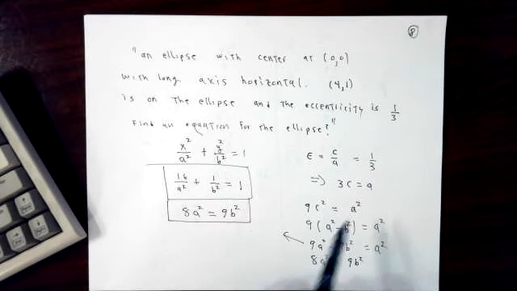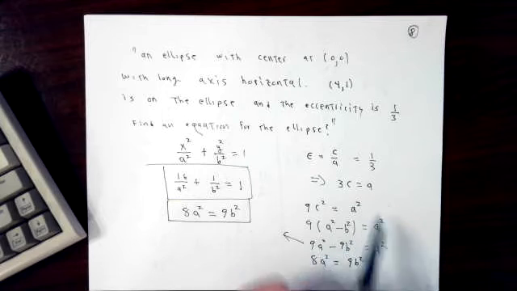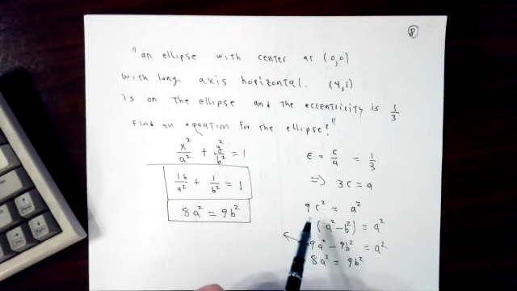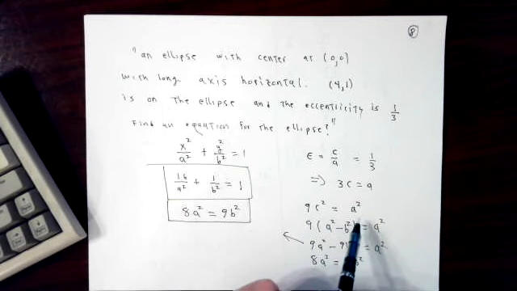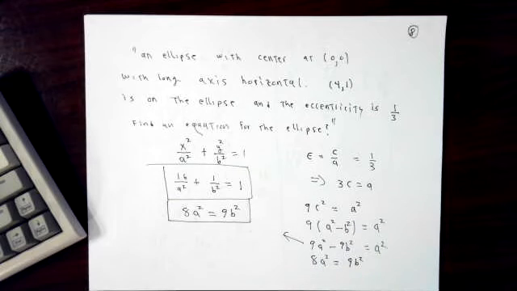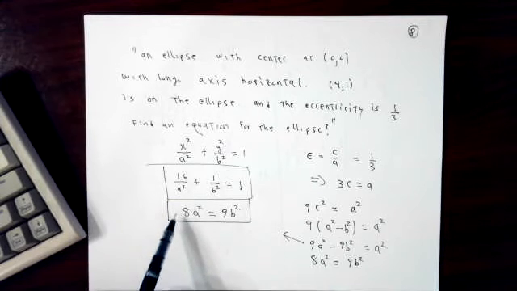That tells me that 3 times c equals a. That says 9c squared is equal to a squared. But c squared, remember, is a squared minus b squared. So put that fact in, rearrange it, and I find out that 8 times a squared has to be 9 times b squared, and I've got a second equation now.